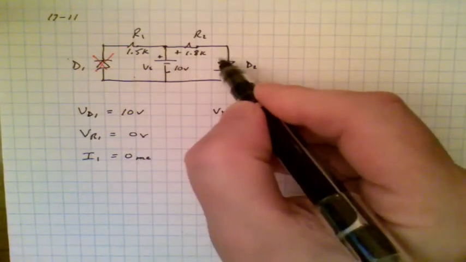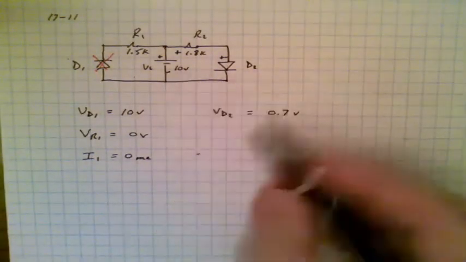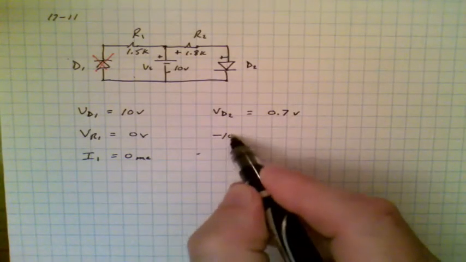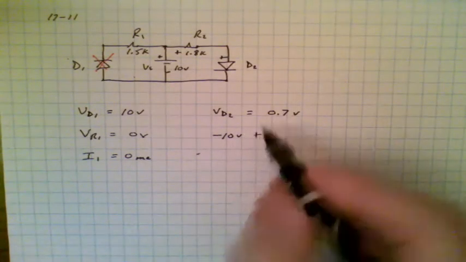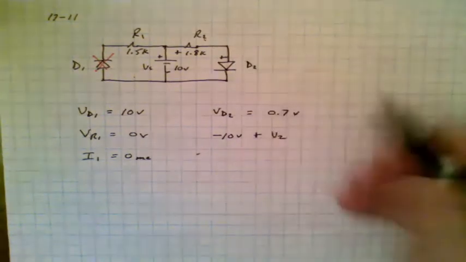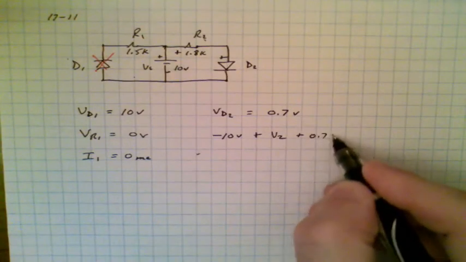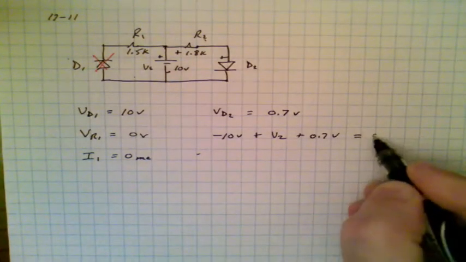So we just walk around the loop and see what we get. Starting off, let's say here, we see minus 10 volts plus the voltage across R2 plus the voltage across the diode, which you've already seen is 0.7 volts. And that all equals 0.